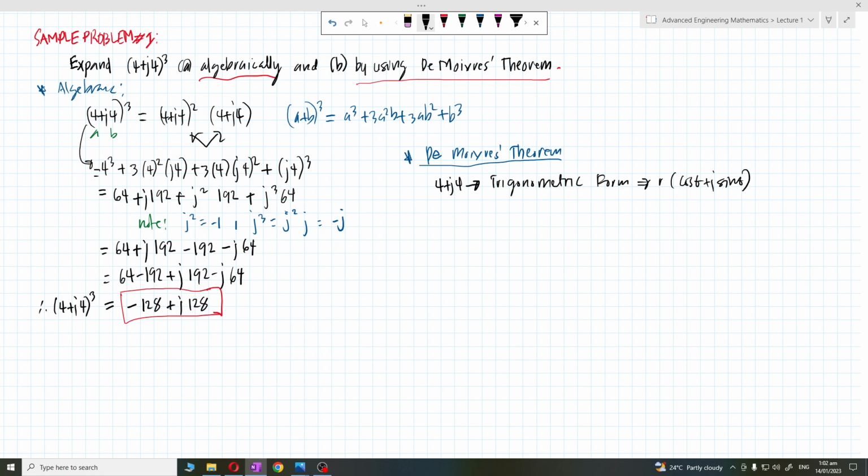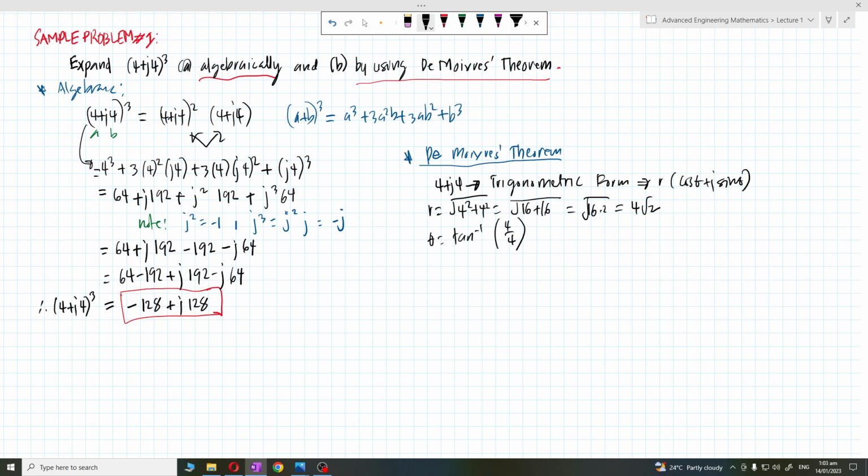Our r here is equal to the square root of 4 squared plus 4 squared, equal to 16 plus 16, or 16 times 2, so that is equal to 4 square root of 2. And for the angle, theta is the arctan of y over x, so that is 4 over 4.